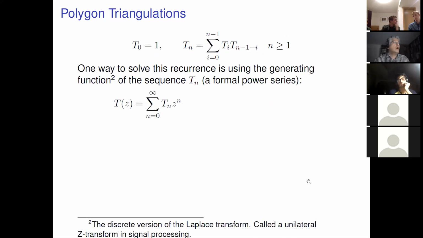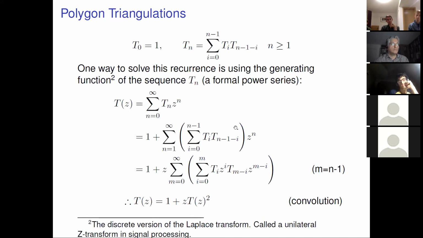One way to solve this is using the generating function of the sequence, which is a formal power series. Then you do some algebra, and you get the functional equation for the generating function.